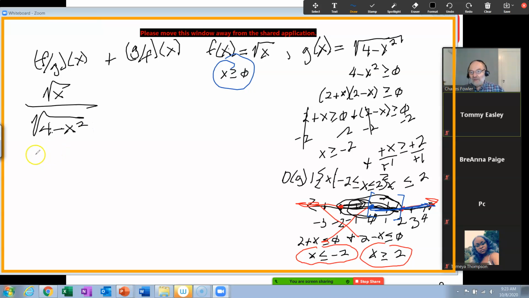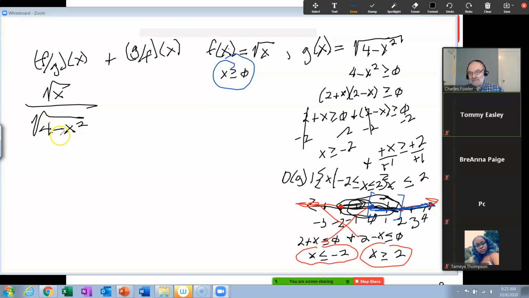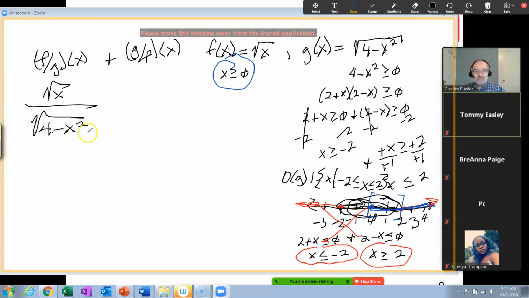That's it, with the understanding that, now here's where you have to come in. You also cannot let 4 minus x squared be 0. What would make that equal to 0? That would be x equal 2 would make that 0. So now we have to exclude the 2.